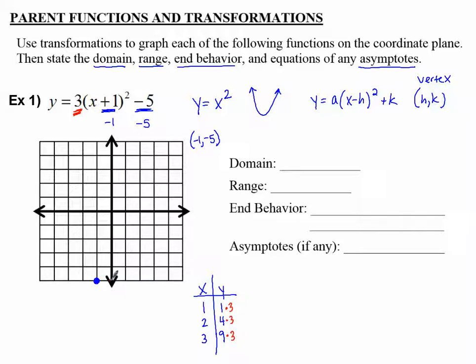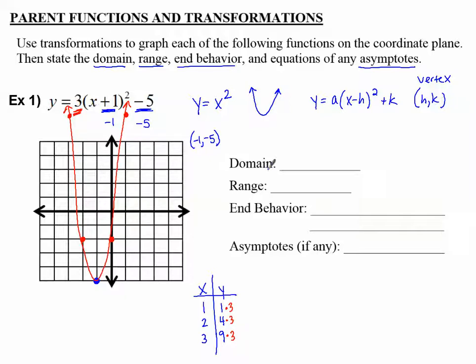So I'm going 1 unit over and 3 units up in both directions. And I'm going 2 units over and 12 units up. 1, 2, 3, 4, 5, 6, 7, 8, 9, 10, 11, 12. Little bit off the map, but we can still get the idea of how it's quite stretched out. And then I can do a smooth connection of the points to create the curve.